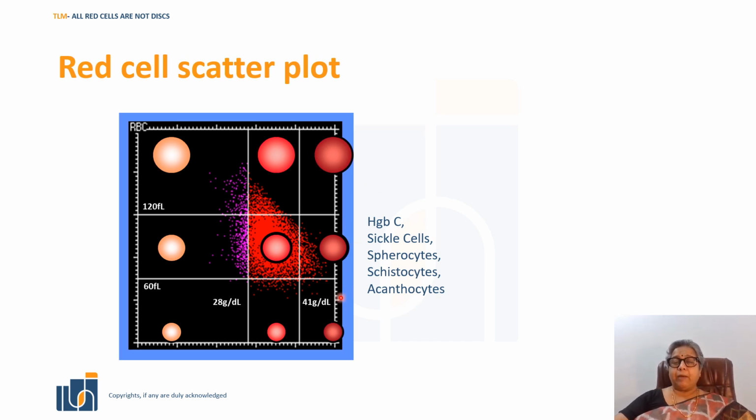And in this area, extreme right, when the scatter is shifted, you have hemoglobin C, sickle cells, spherocytes, schistocytes, and acanthocytes. So the shift of the scatter will tell you whether all these kinds of cells will be seen on the peripheral smear or not.